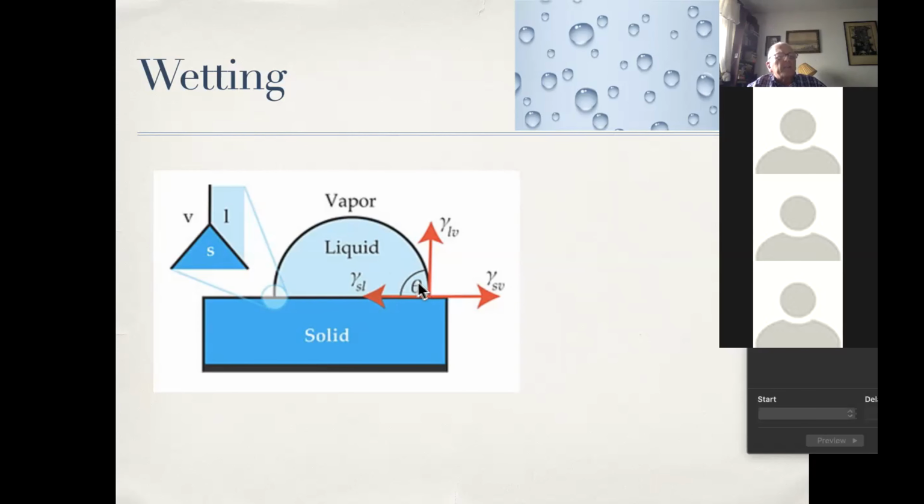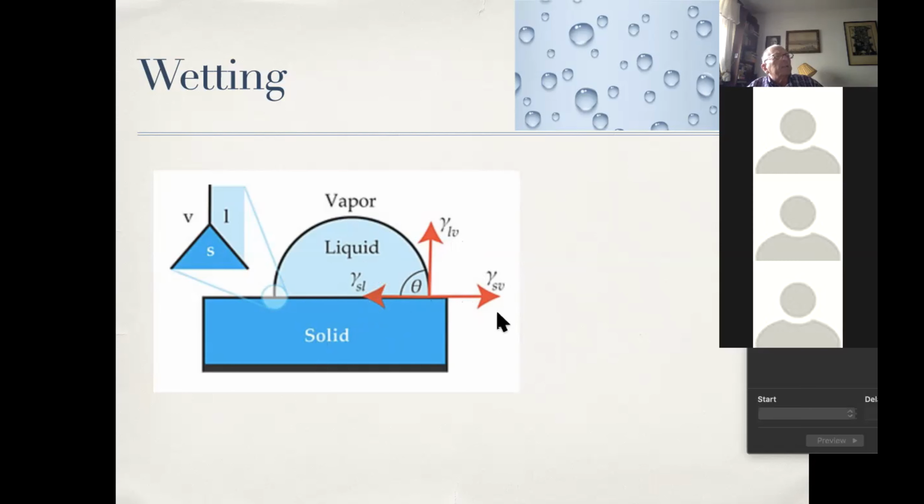The one is our conventional surface tension between liquid and vapor or gas, and that is denoted by gamma LV. The other is the surface tension on the interface between liquid and the solid, and I denoted it as gamma SL.